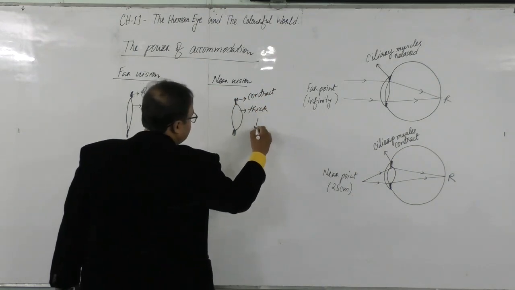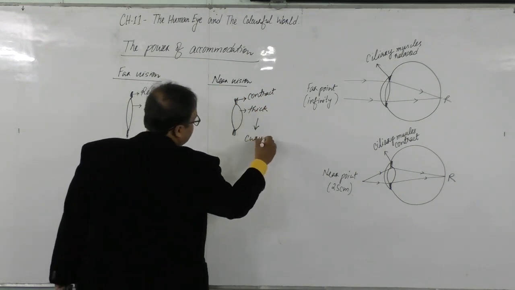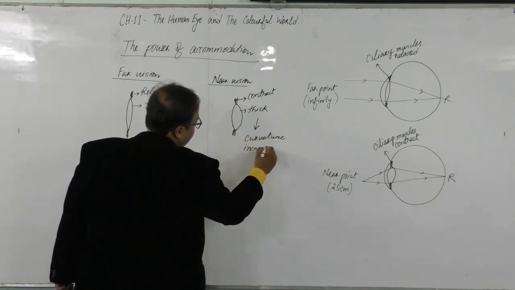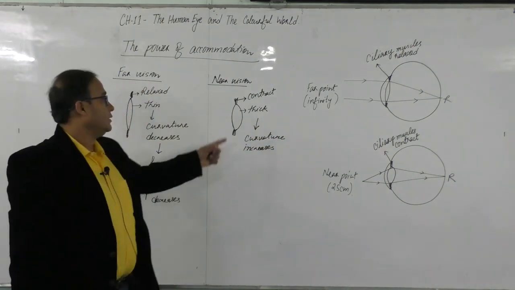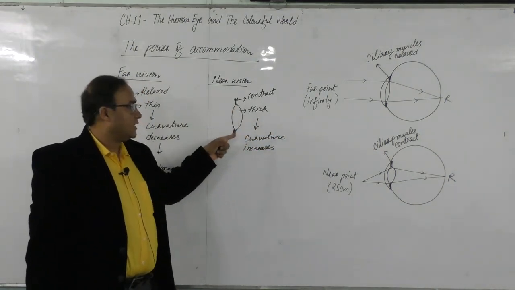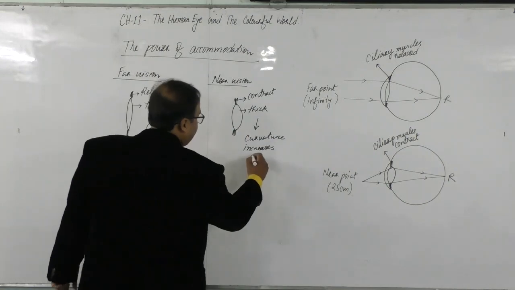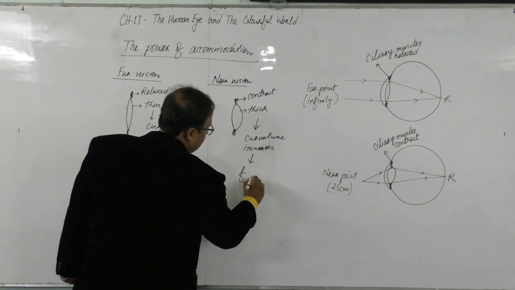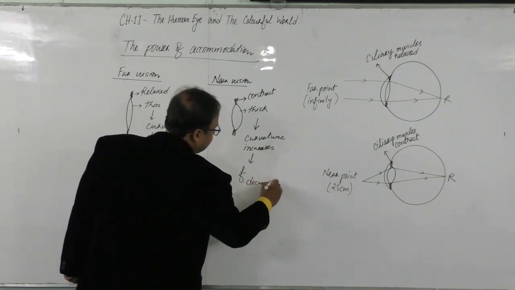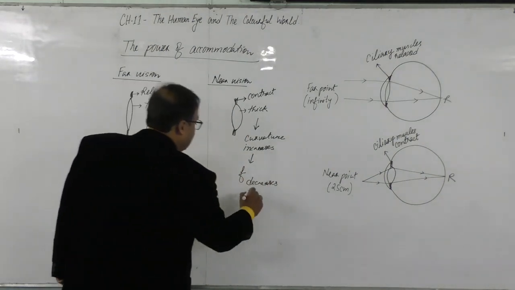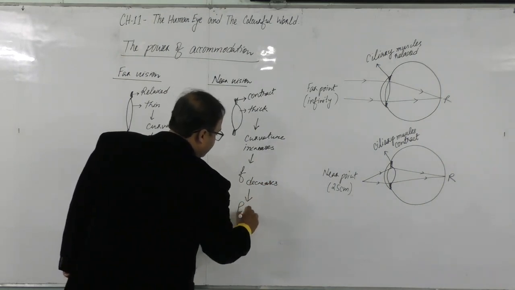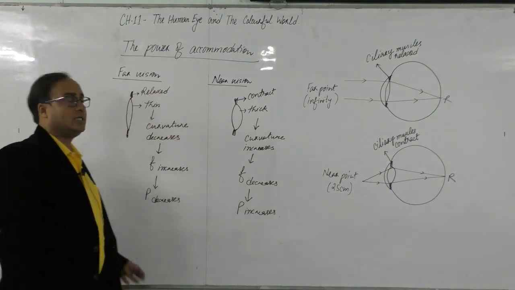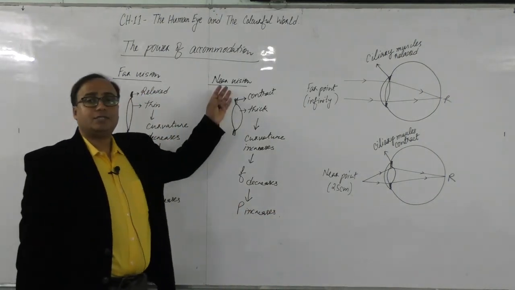When the lens becomes thick, its curvature increases. लेंस थिक होने से कर्वेचर इंक्रीज हो गया, and as curvature increases, focal length decreases. As focal length decreases, power increases, and here converging power increases, and it helps in near vision.